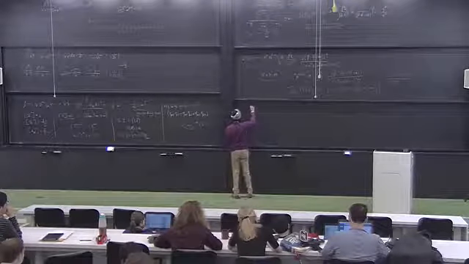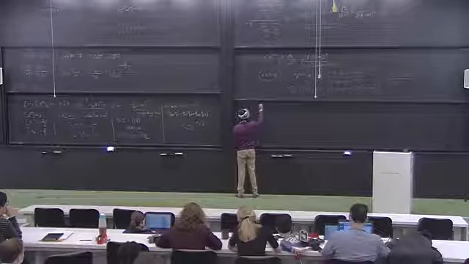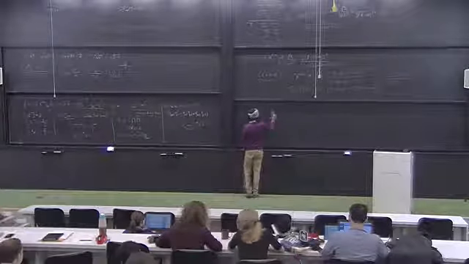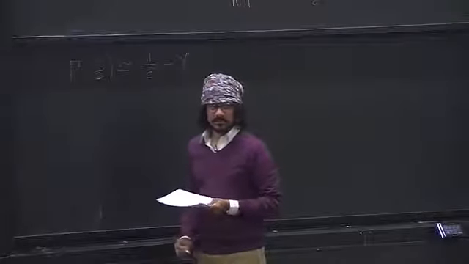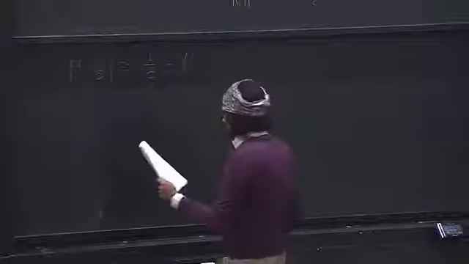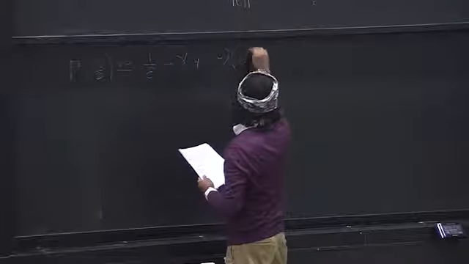To get the divergent piece, we use the fact that our gamma function has an expansion where the pole is 1 over epsilon minus the Euler-Mascheroni constant.